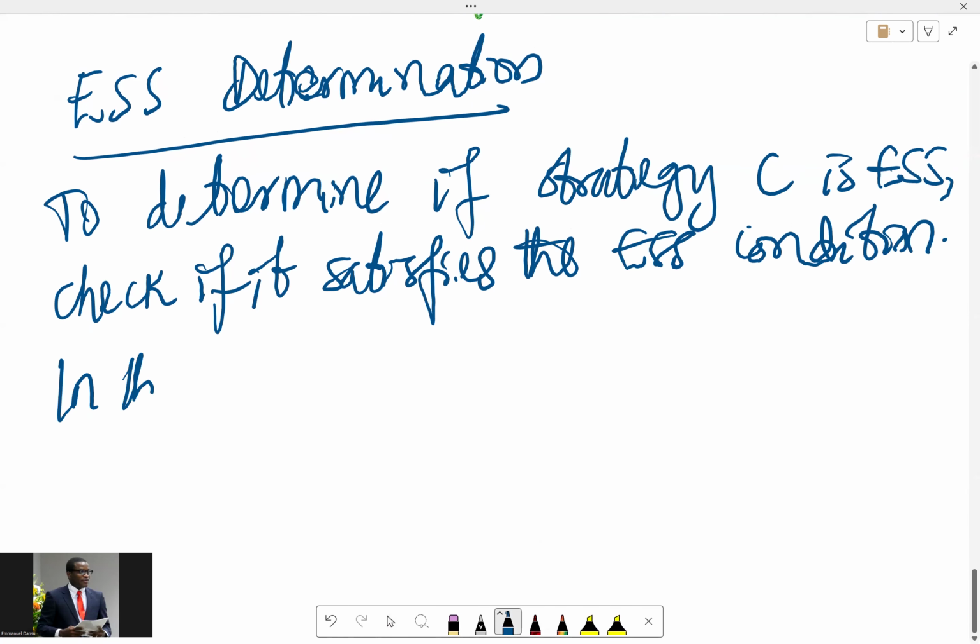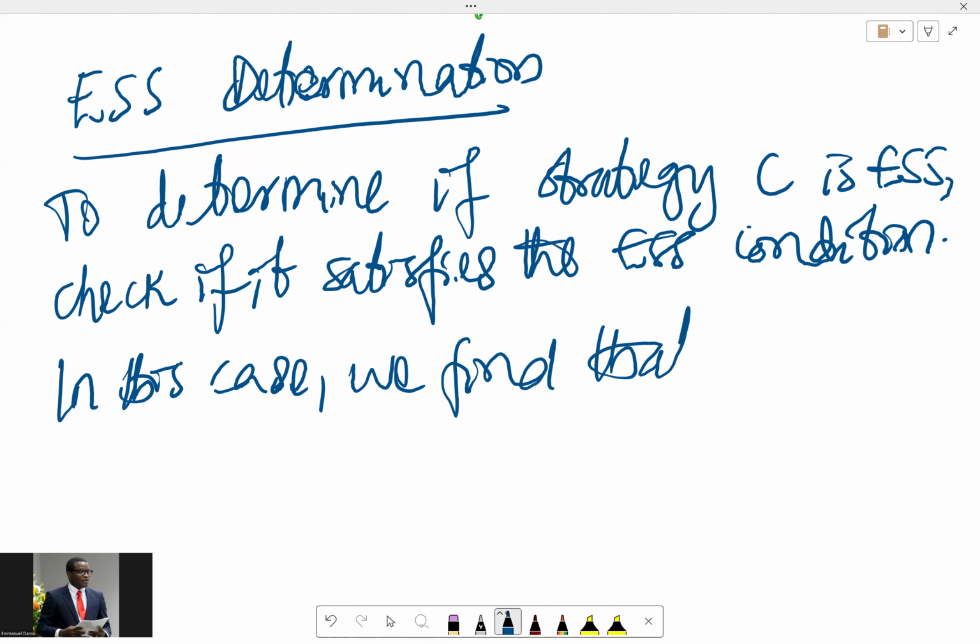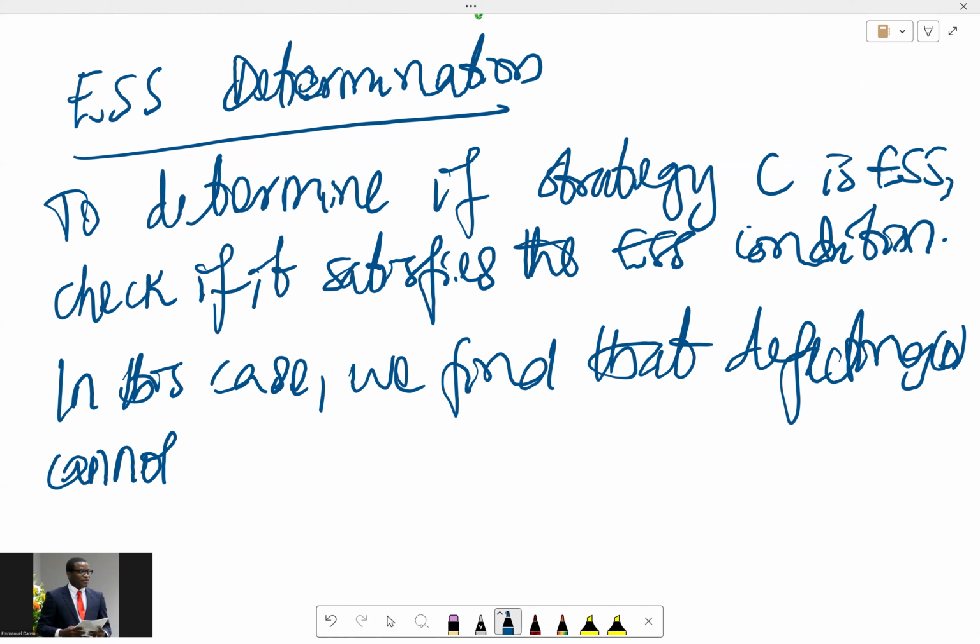In this case, we find that defecting, which is D, cannot invade cooperation. Defecting cannot invade the cooperative strategy.